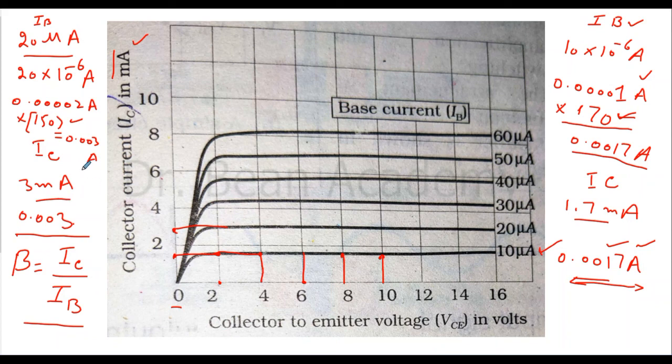The current from 20 microampere scales up to 3 milliampere. This is a quantitative way to get the current gain, the beta factor. It is the ratio of the collector current to the base current. For example, if you divide these two values, you get 150 as the current gain. In the previous case it was 170, so you can calculate it for all of these cases.